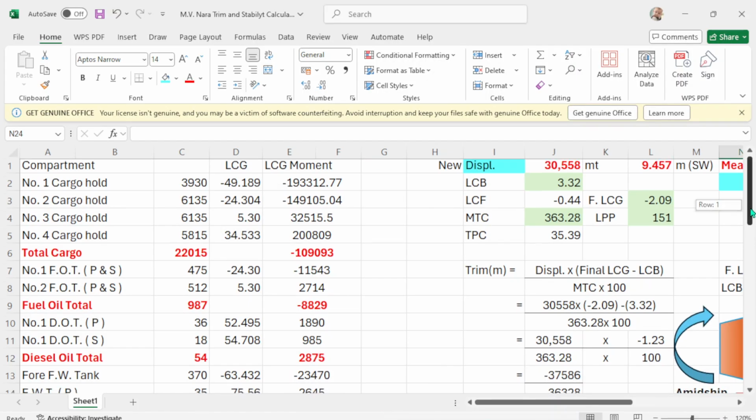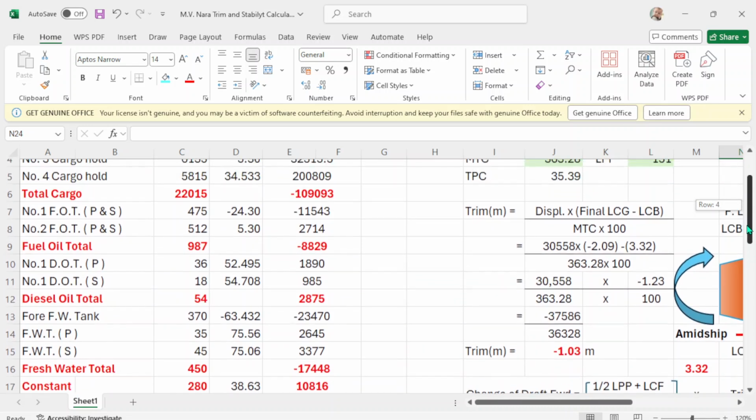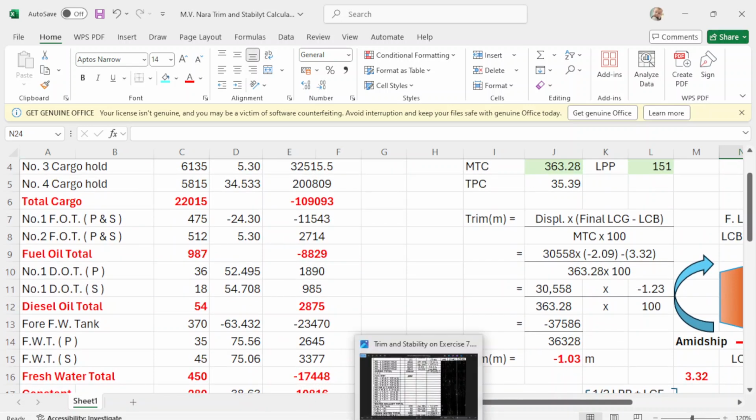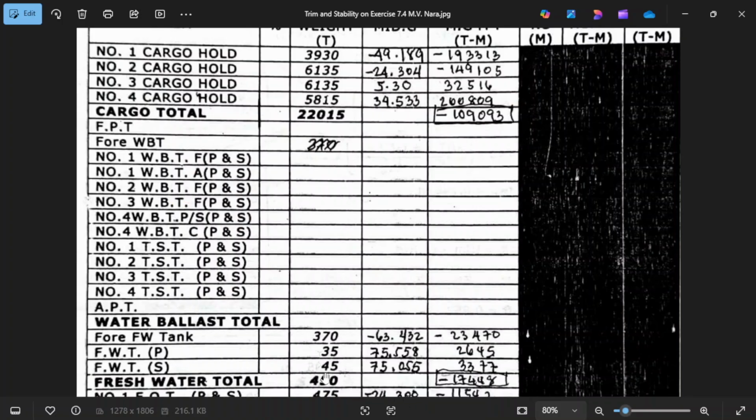Press water is 450, and the LCG moment is negative 17448.